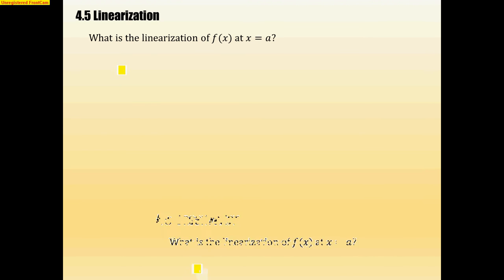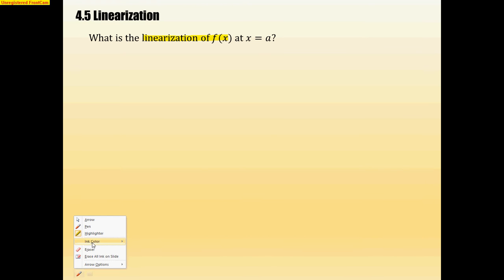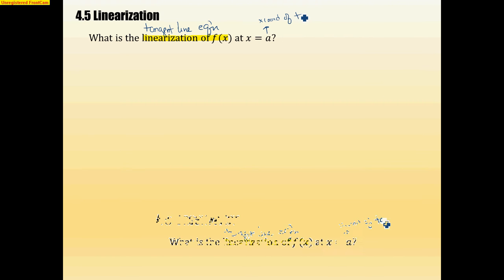So if you are asked what is the linearization of a function, you need to say to yourself, that's just a fancy way of being asked for the tangent line equation. The linearization of f of x is just asking for the tangent line equation at x equals a, where a is the x coordinate of tangency.